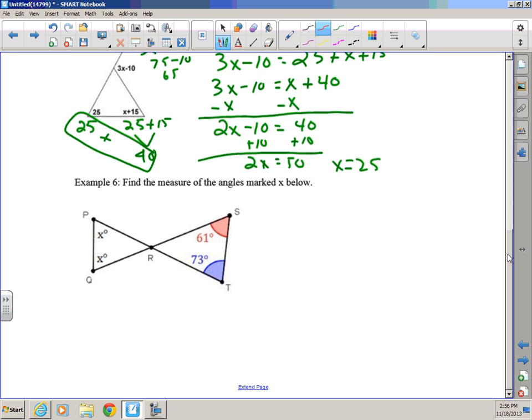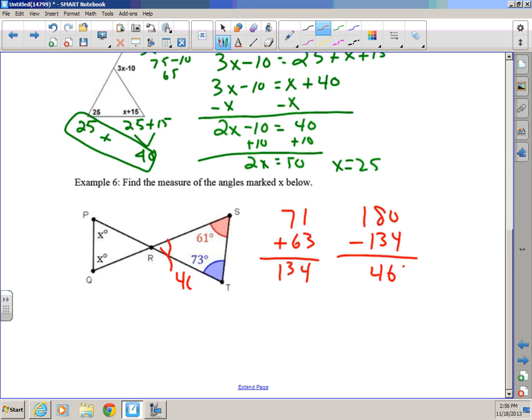Well, you know that these two angles sum up to 134 degrees. So that means the other angle has to be 46 degrees. Well, these two angles are vertical to each other, so that makes this angle 46. Now, since these are both described with an x, that means angle P and angle Q are going to be equal to each other.